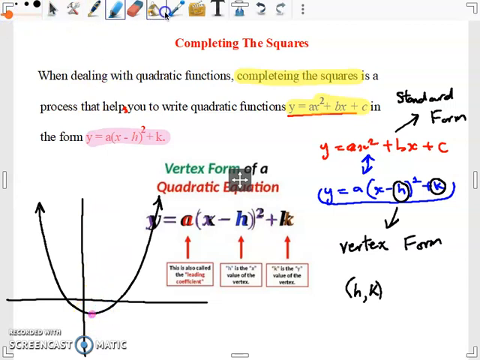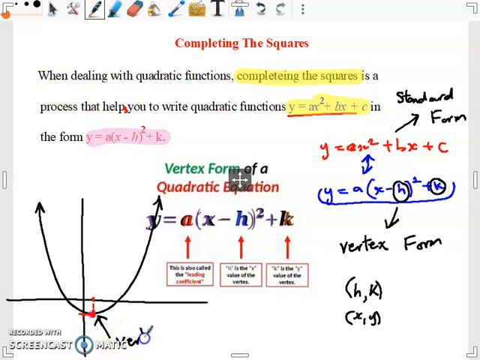So what h and k basically form, you can consider the h as x and the k as y. So the x value would be on the x-axis, this would come right here, and then the y value would come across like that, and the vertex is basically formed by using those two values.